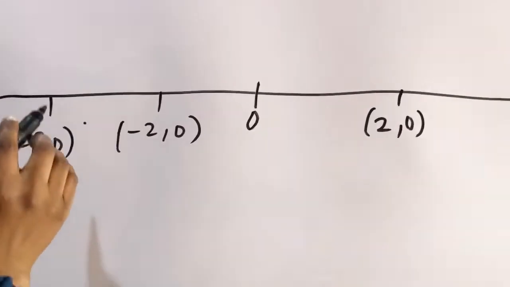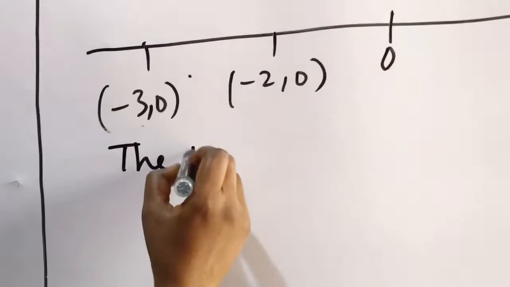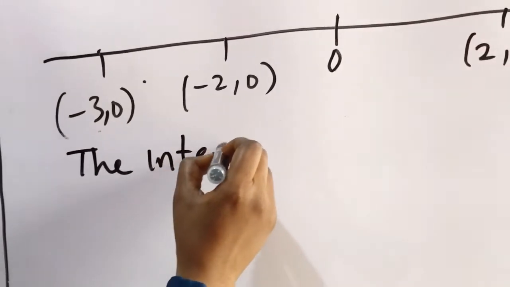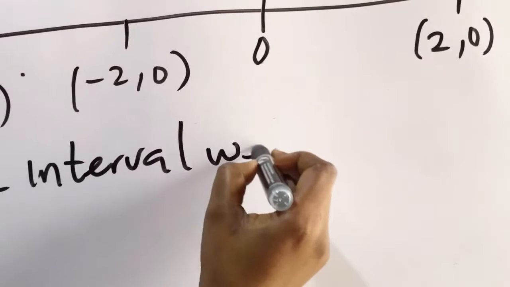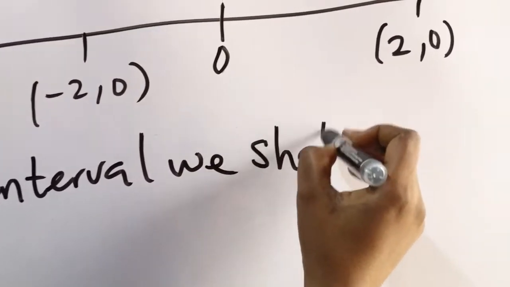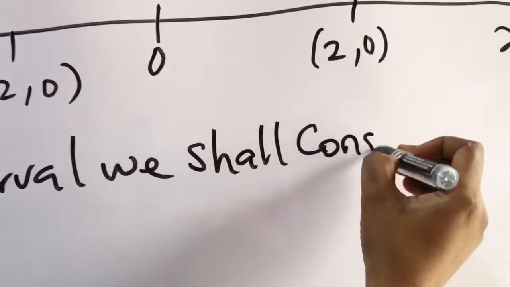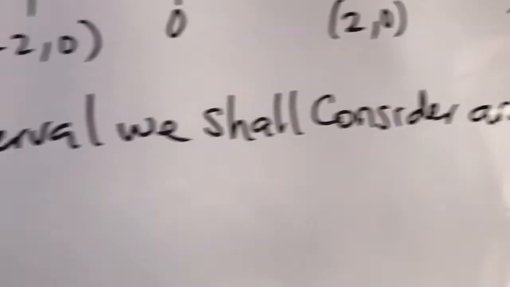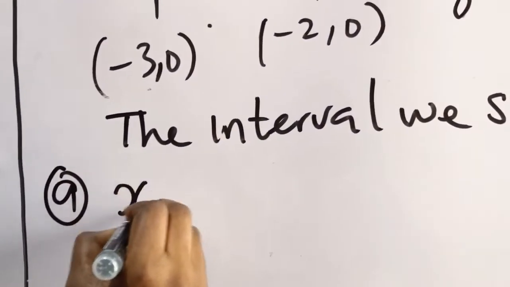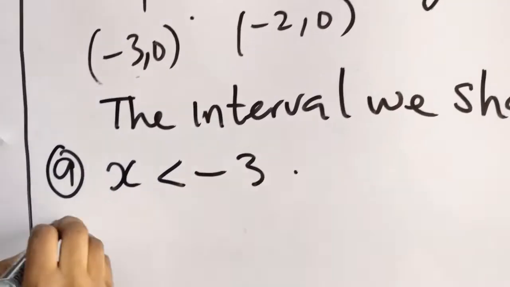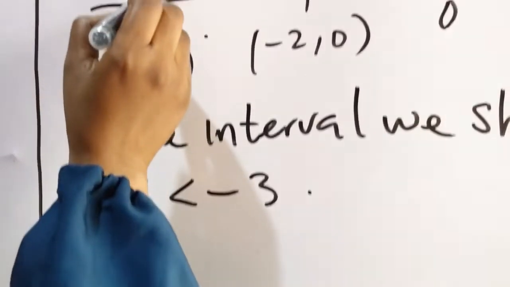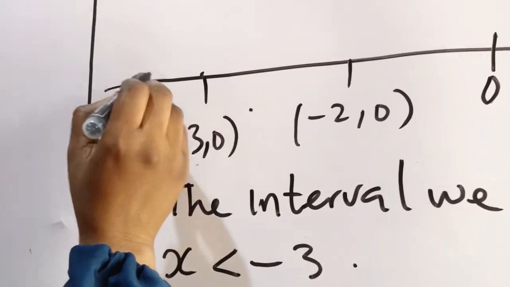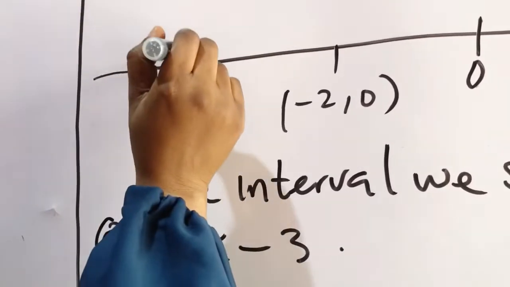Now, having known that, the intervals we shall consider are: A, x less than minus 3, that is everything less than minus 3, on the other side like this.